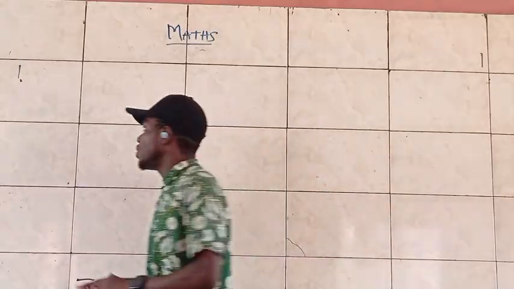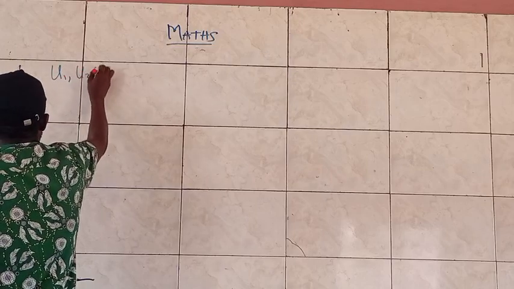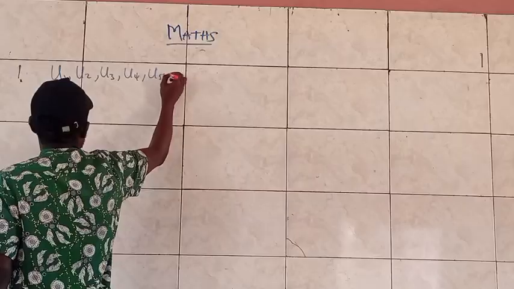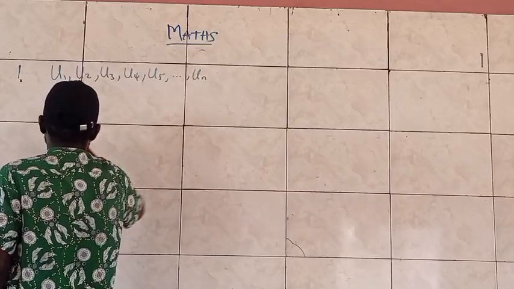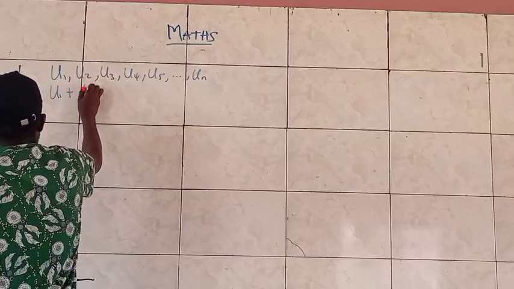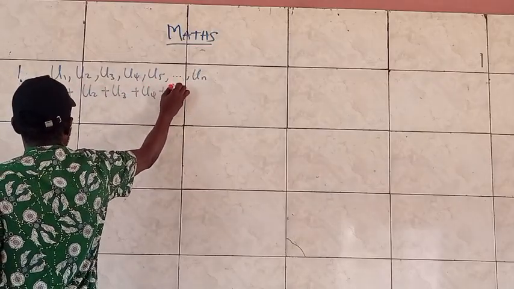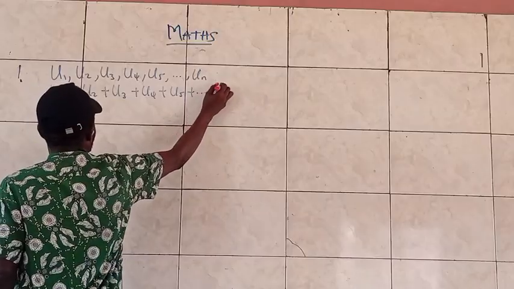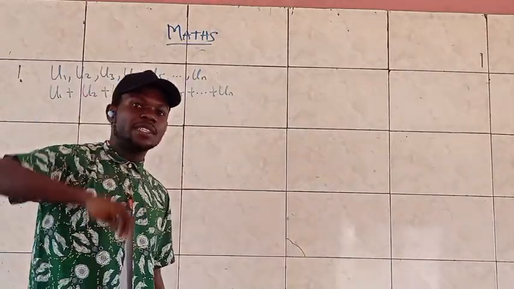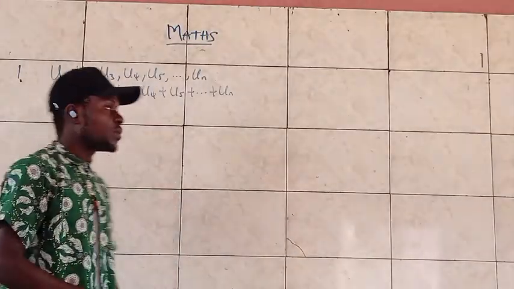For instance, assuming we have u1, u2, u3, u4, u5, all the way down to un as the terms of a geometric sequence, then u1 plus u2 plus u3 plus u4 plus u5 plus all the way down to un would be the geometric series. Adding up the terms of a geometric sequence gives rise to a geometric series.